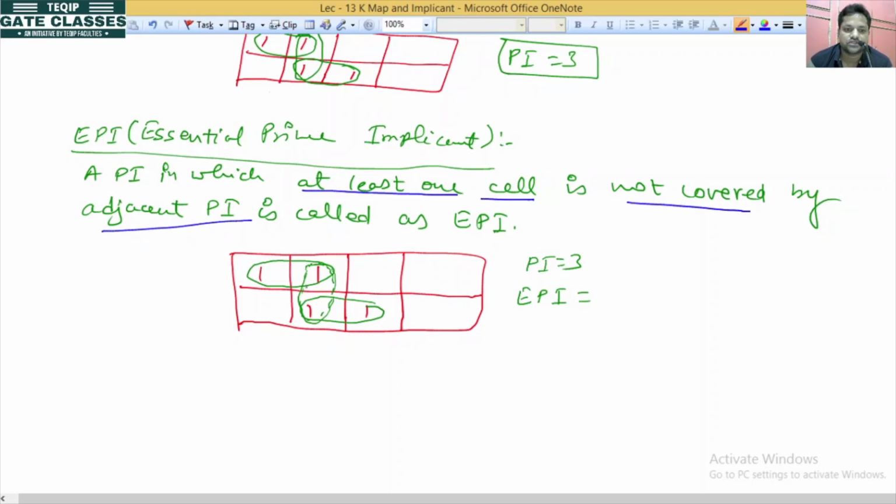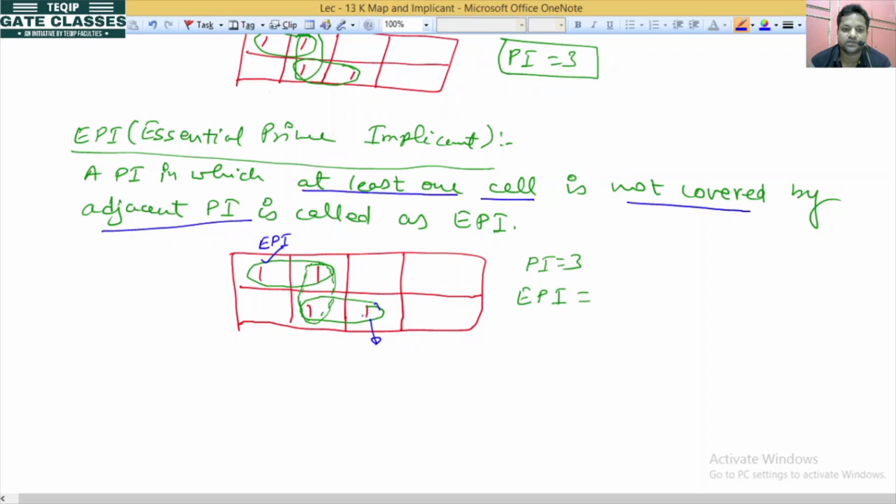So we know that this one is a PI, and in this PI this one is not covered by any other PI. So this one will be EPI. Now move for this.